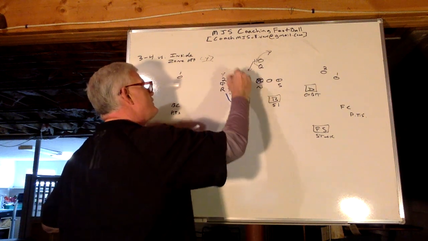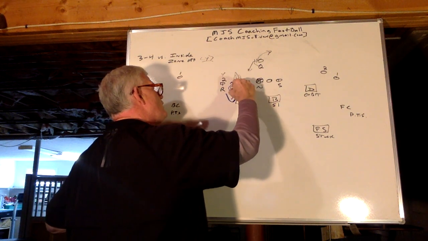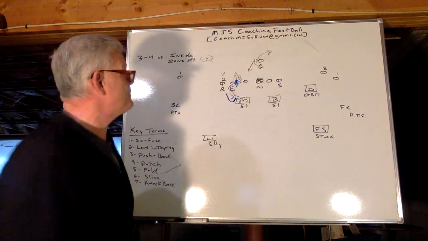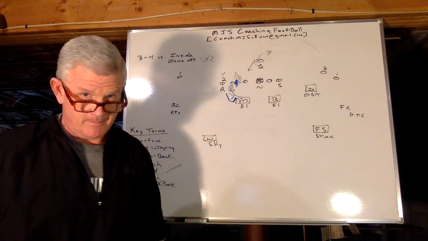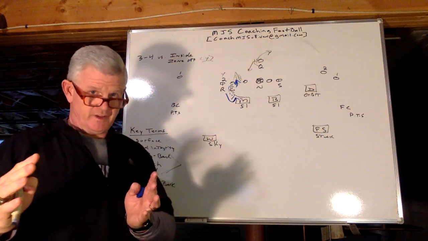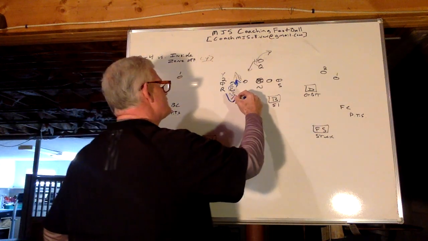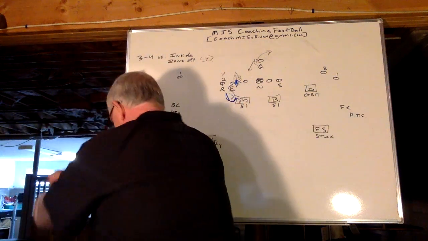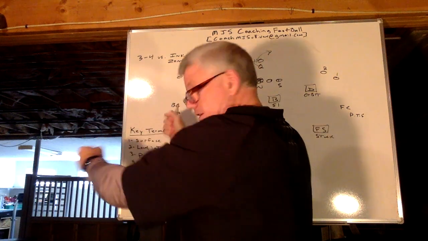Our first level defenders in B gap. If we go to the inside shoulder, we now have 2 defenders in B gap and nobody in the C gap. That's the level integrity. So that's what's meant by patch. Here comes the blocker. He's coming up to take you here. 2 shoulders.